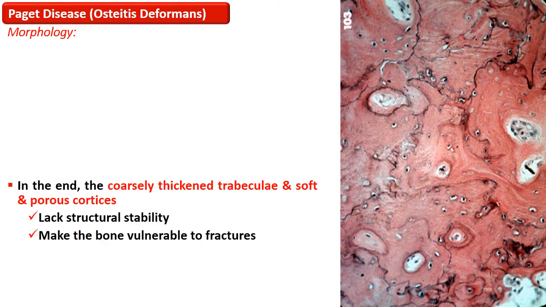Finally, the end result is coarse thickened trabeculae and soft porous cortices. These are a caricature of normal bone, and this caricature of normal bone lacks structural support, hence at risk of a fracture.